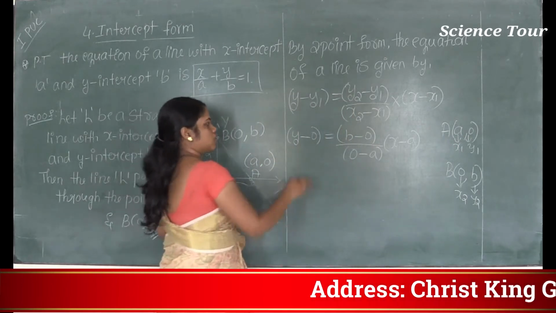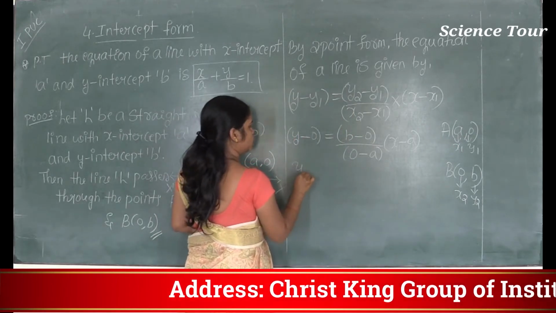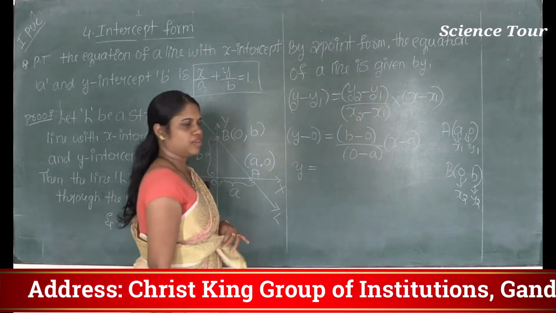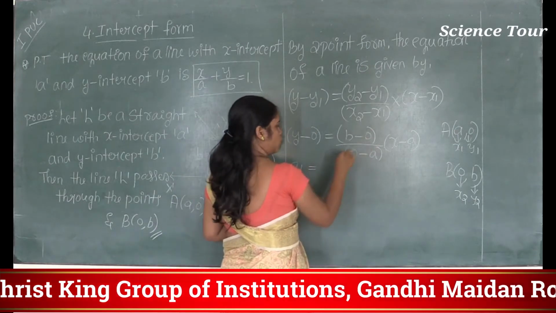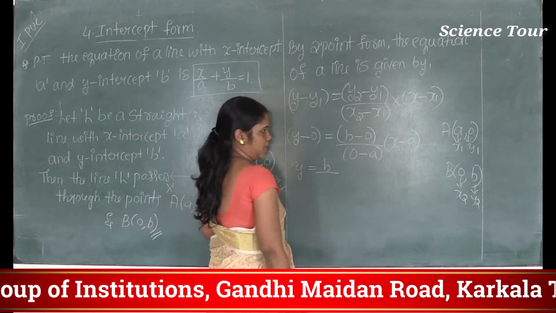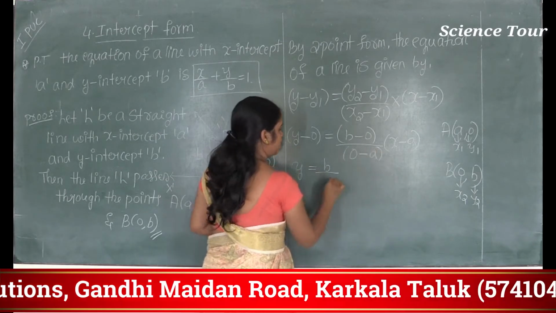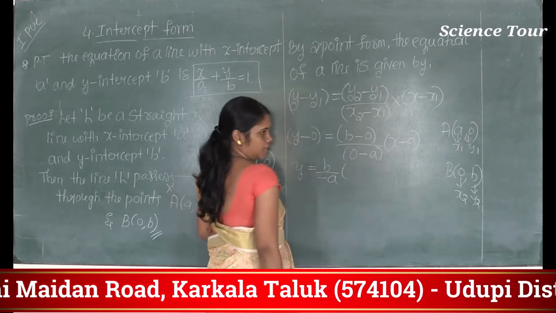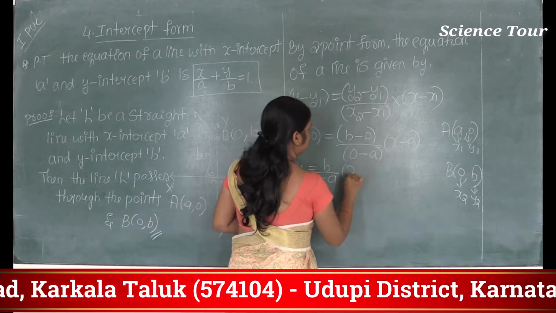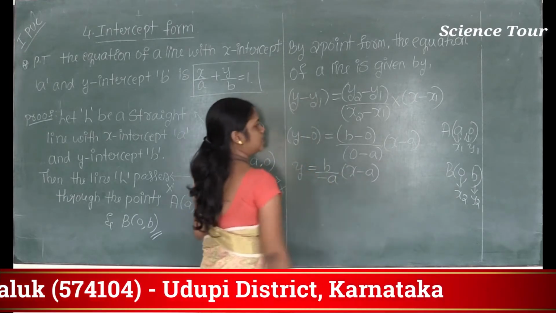So y minus 0 is equal to y itself, right? b minus 0 how much? b, by 0 minus a equals minus a, into x minus a, write as it is.